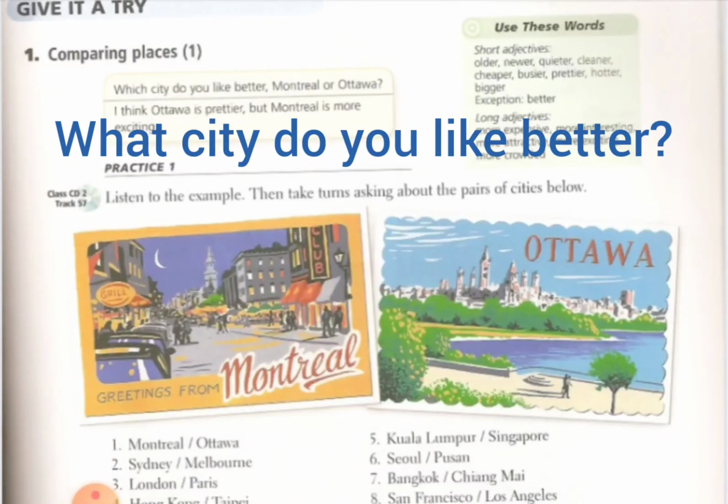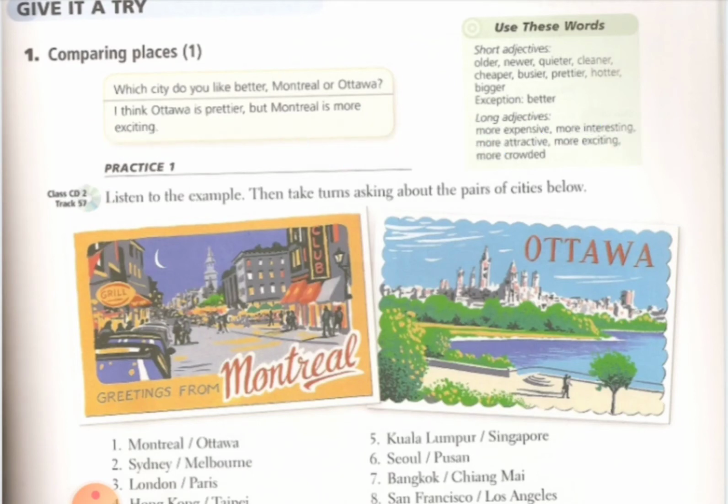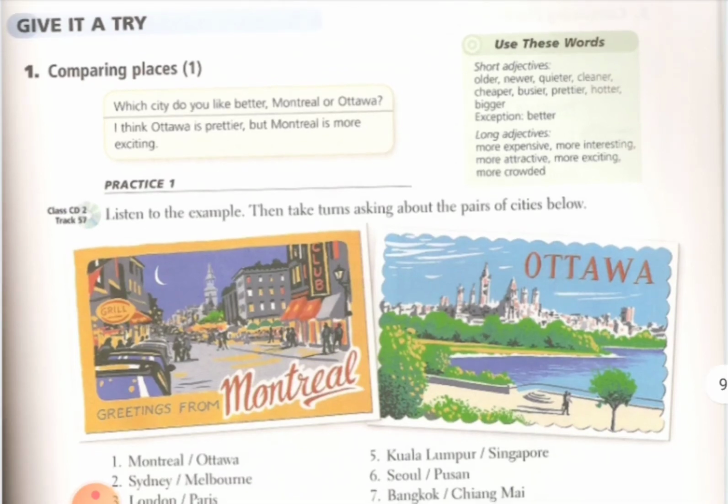Which city do you like better? Okay, the answer is like this. I think Ottawa is prettier, but Montreal is more exciting. Pay attention to this. Prettier, the adjective in the comparative degree.